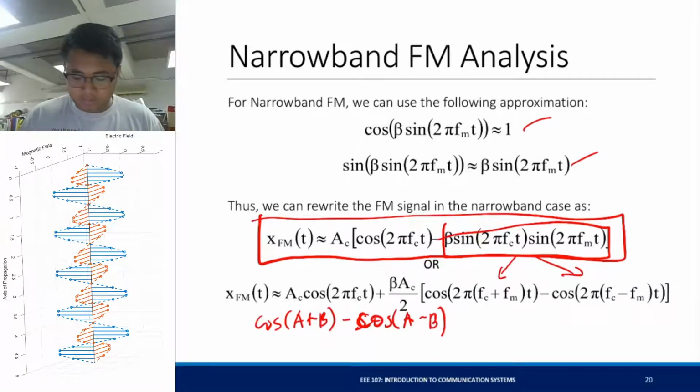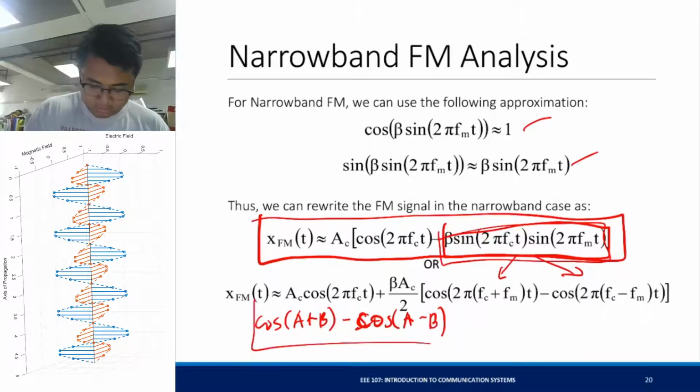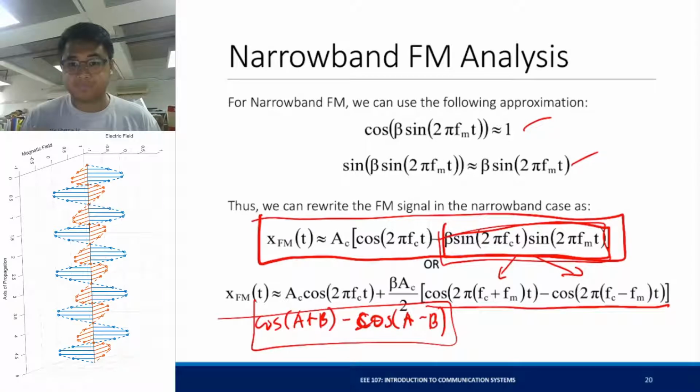Okay, and you transform this equation into this equation, so that's why you have this expression right here.